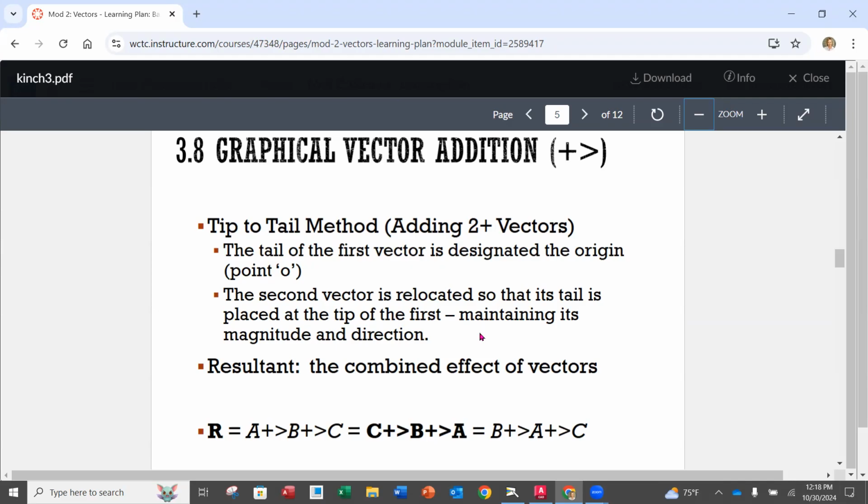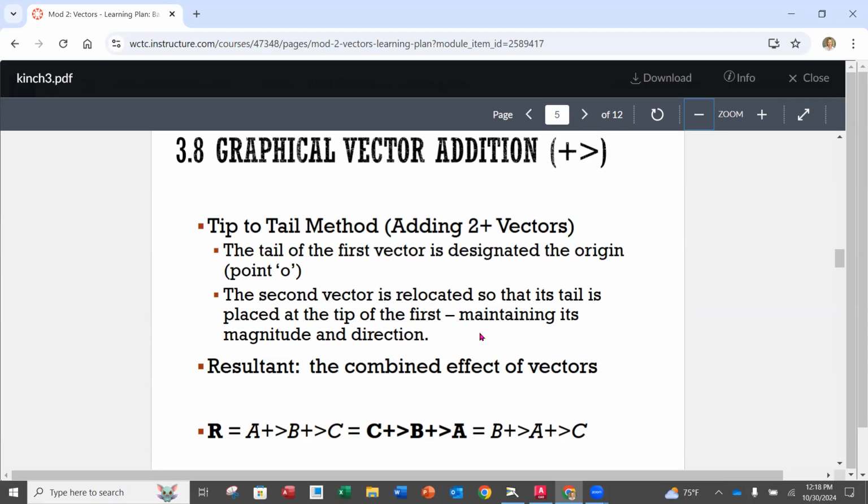Now, when we want to perform a vector addition, what that means is we are going to be determining the net effect on a body that has maybe a couple vectors, a couple forces pulling on it. The first method that we have here is called the tip to tail method, and that's when we are adding 2 or more vectors.